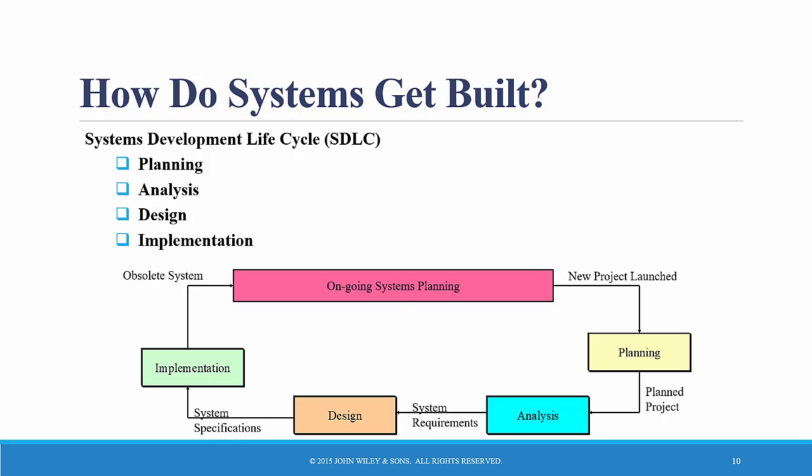Now, other teachers and people who work in this field may have additional phases, may have security as a 5th phase. They may have 6 or 7 phases, but these are the 4 core phases that most experts in this field agree on.